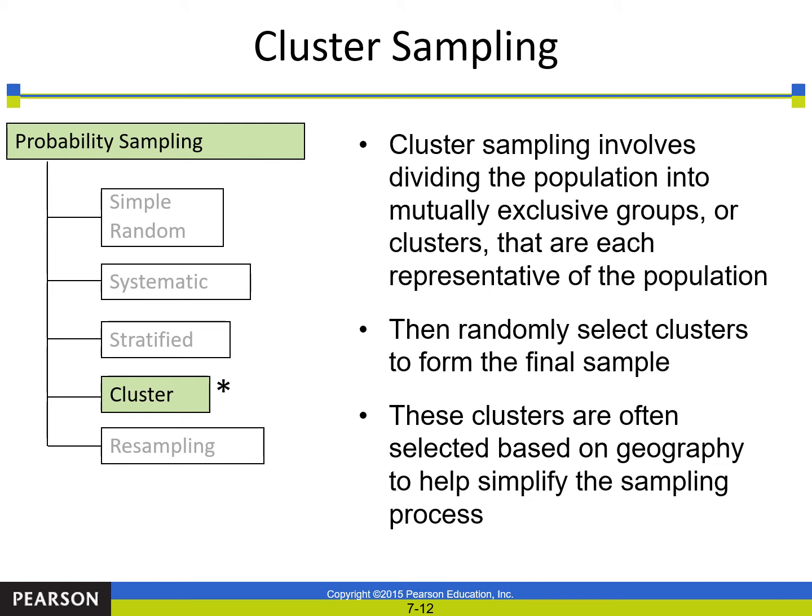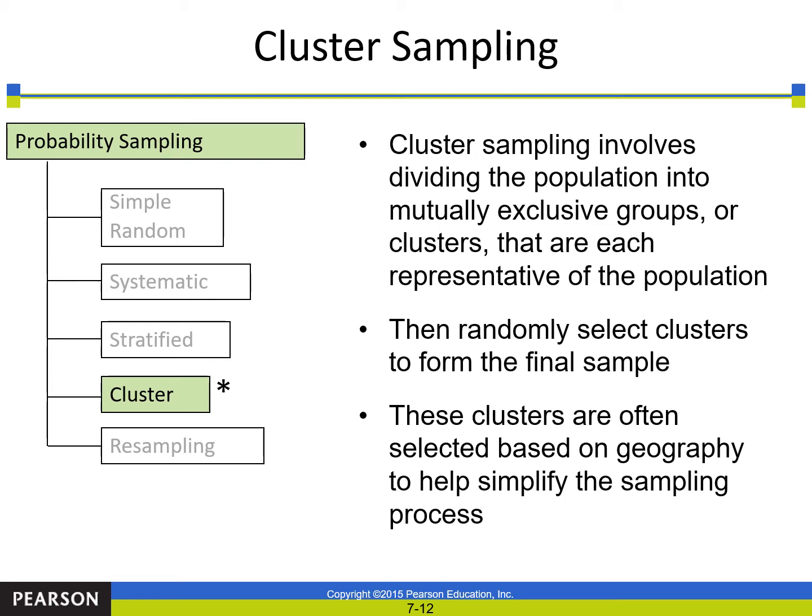Cluster sampling is the next method. Okay, this one might seem a little bit similar to stratified, but it is different. So cluster involves splitting the population into mutually exclusive groups and then selecting the entire cluster.